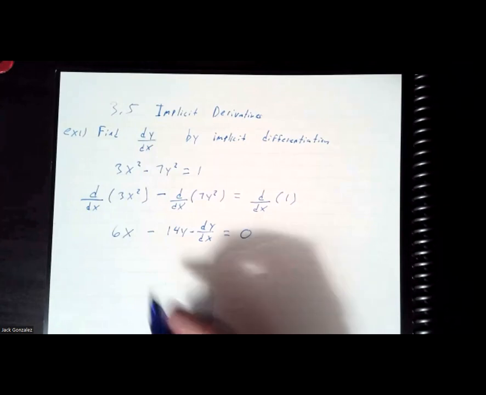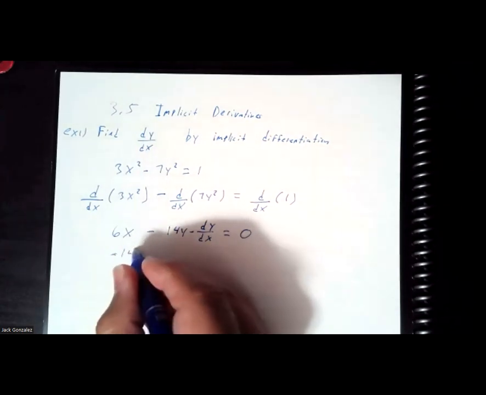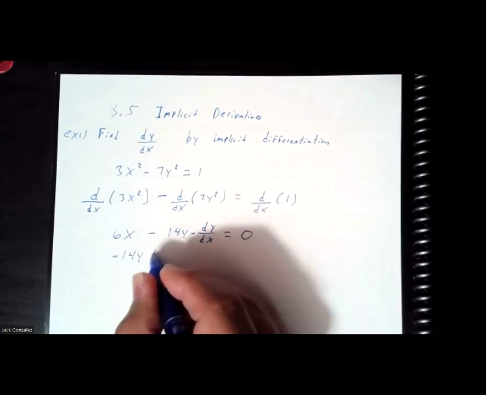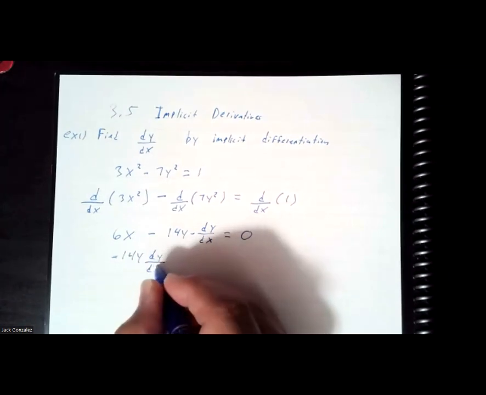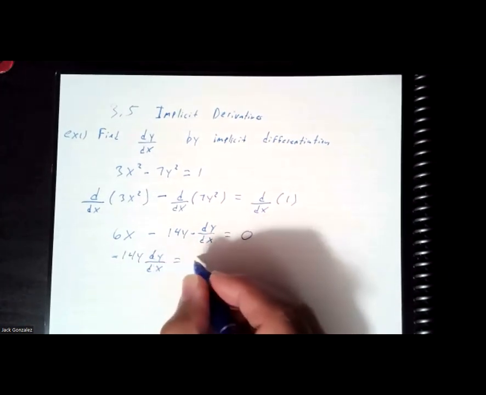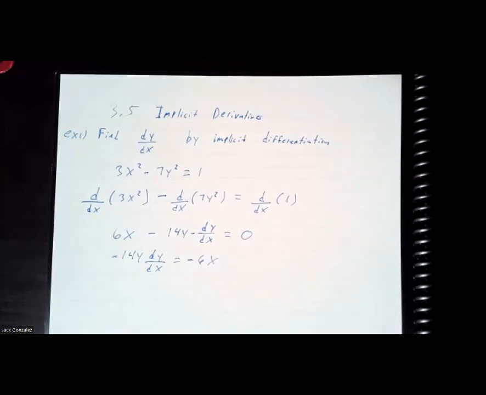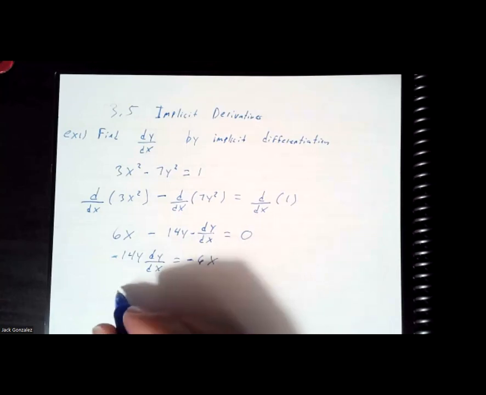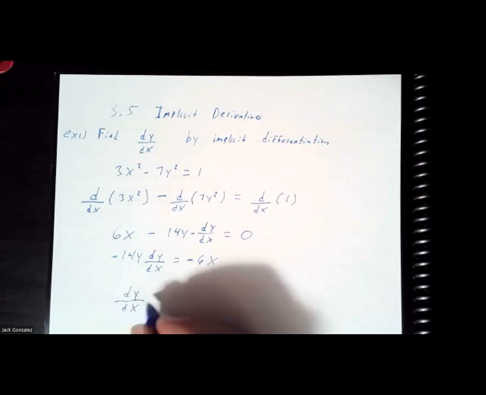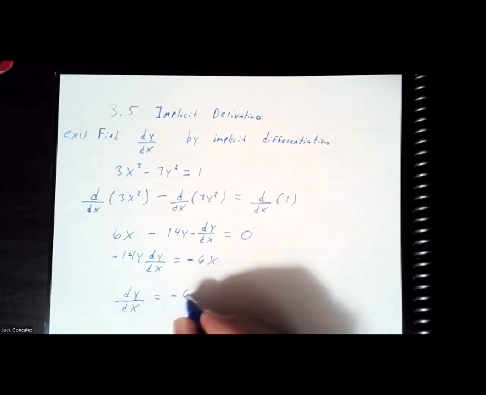So move that 6x over. Subtract 6x, right? Yes. Divide by negative 14. I skipped some of the algebra. Let me know if you need me to show the work.